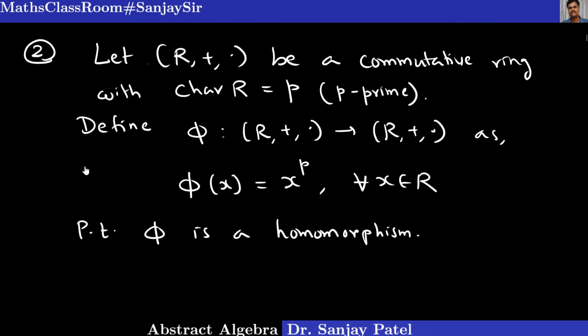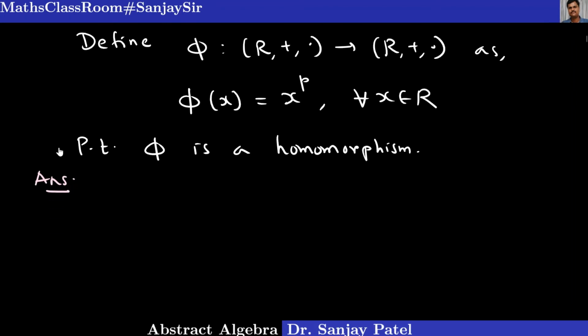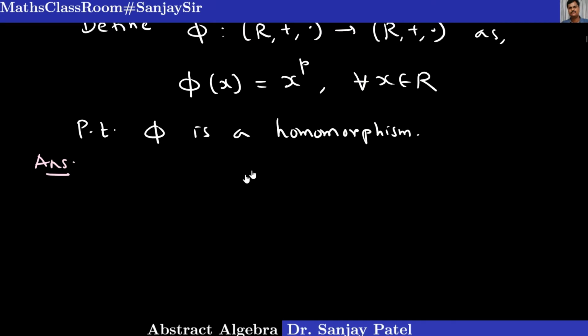And we want to verify the two conditions to show that this is a homomorphism. So let us prove the first condition. We start with any two elements, x and y belonging to R, be arbitrary.